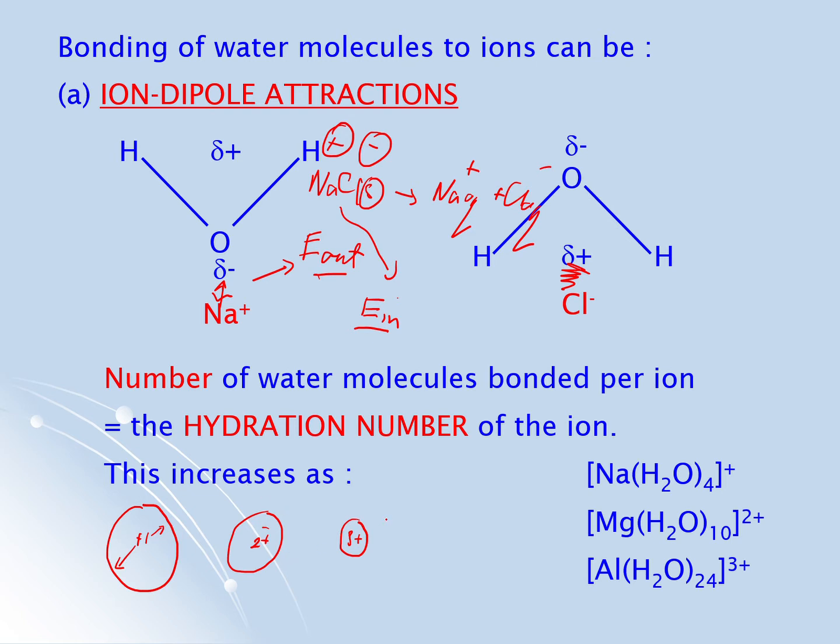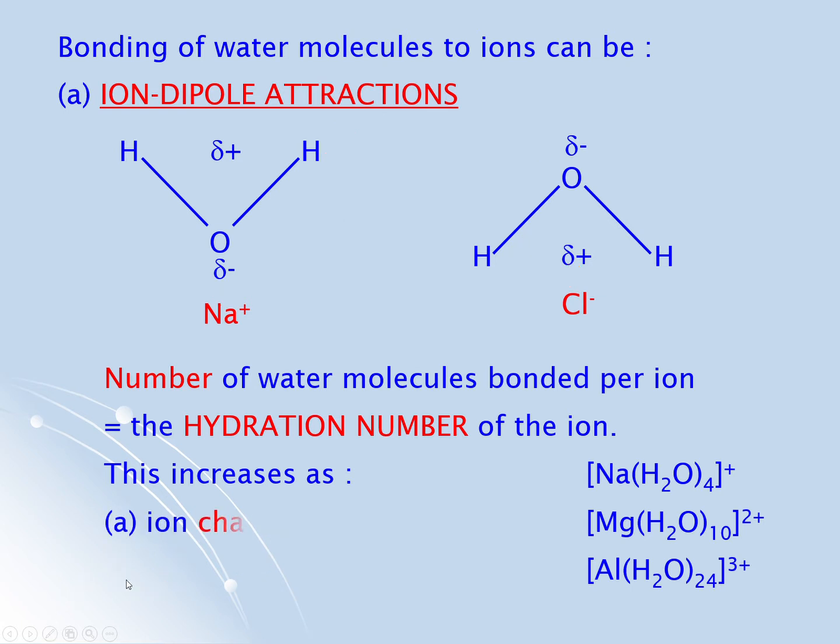So therefore, basically, the aluminium is able to attract many more water molecules much more strongly because of its increased charge density, and hold them in a hydrated shell of water molecules around the positive metal ion. So, in other words, it's to do with ion charge and ionic radius. Very similar to lattice enthalpy, in fact.